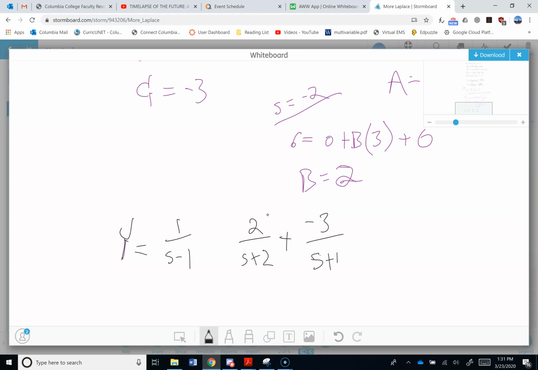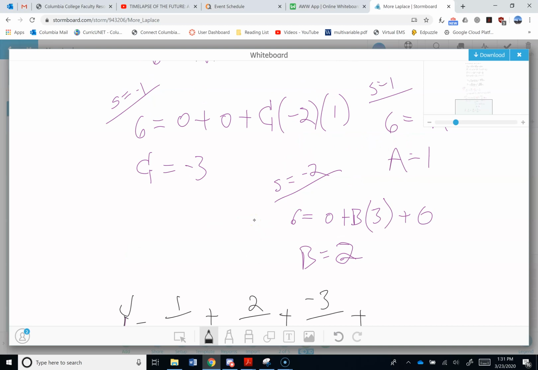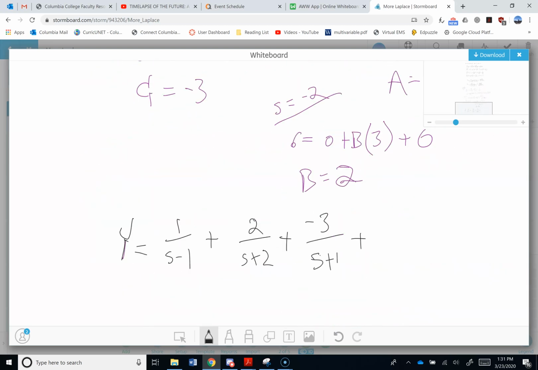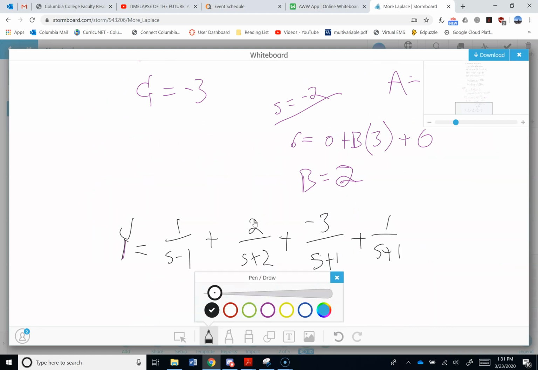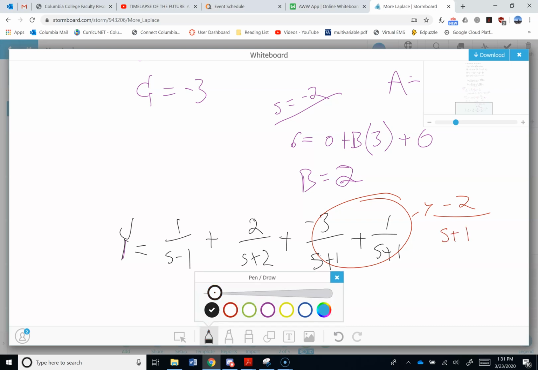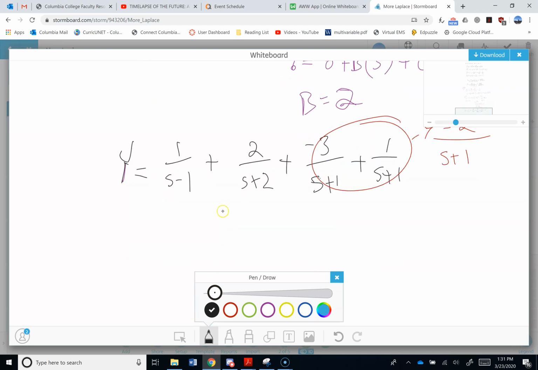And then what was that fourth term up there that I lost? 1 over s plus 1? Yes. Gotcha. These two together make a minus 2 over s plus 1. Right, okay, cool. And then I need to inverse Laplace transform everything.